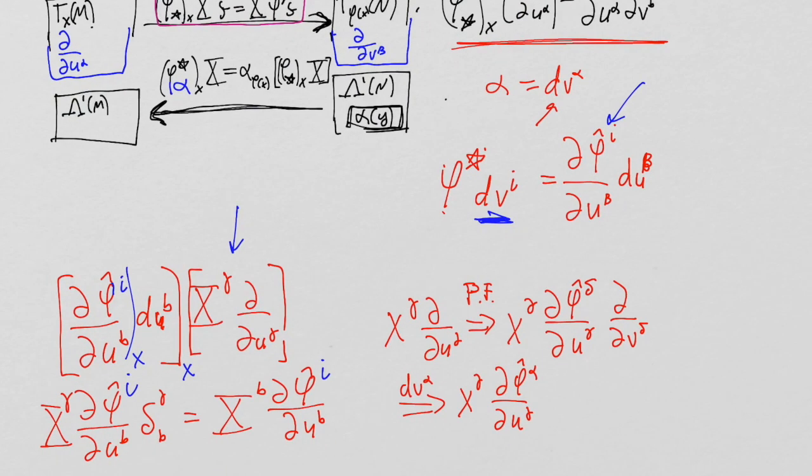So everything's linear, so I'm now pushing this forward, and x gamma, which I should have my little bars all over, is just a bunch of constants. But this part pushes forward, and that push forward comes through this formula right here.